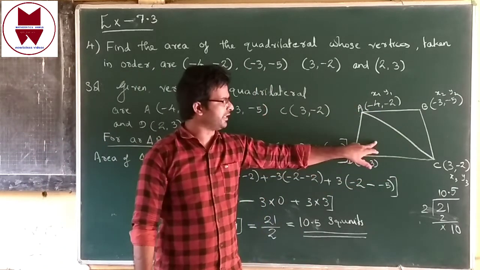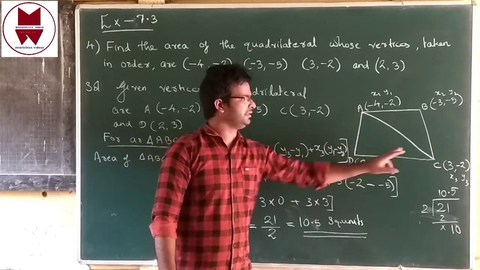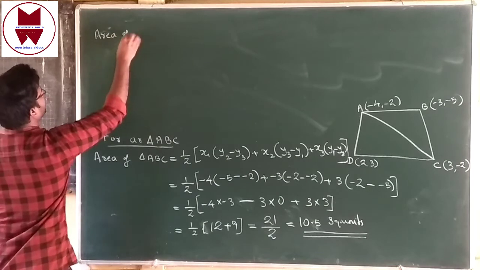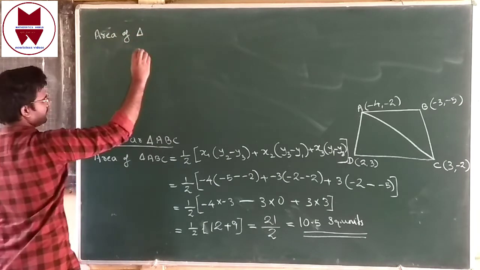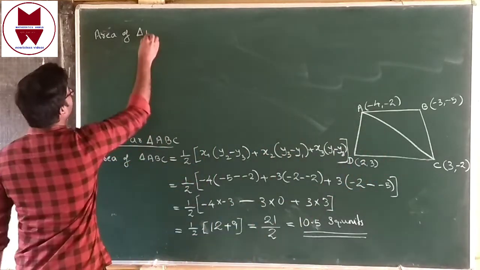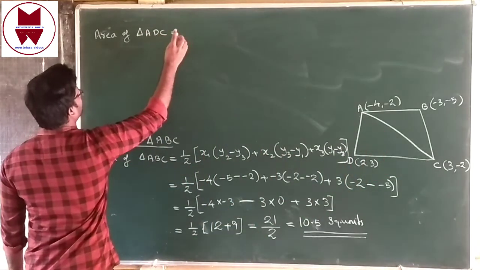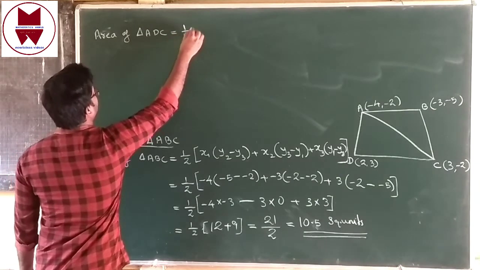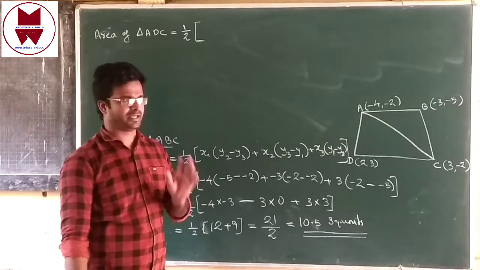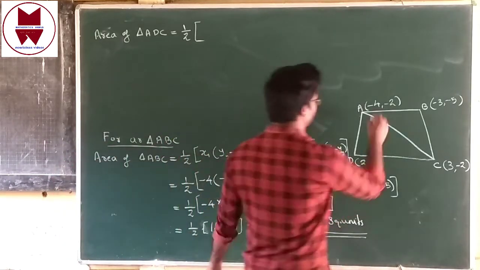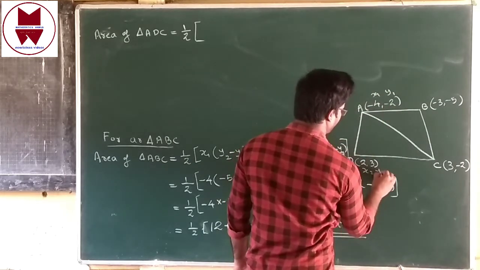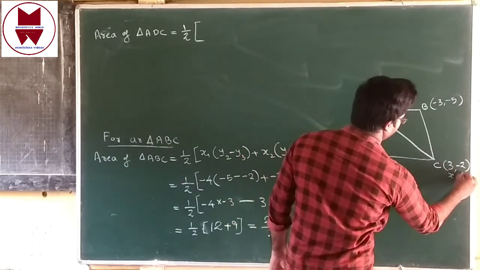We got the area of the first part, area of triangle ABC. Then after that we will find the area of triangle ADC. We can see that also. Area of the second triangle, named ADC, equals 1 by 2 into, we can use the same formula, but that time x1, x2, x3 will change. We write ADC: this is x1, y1, this is x2, y2, then next x3, y3.